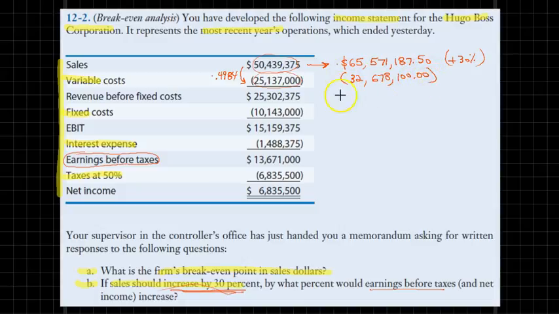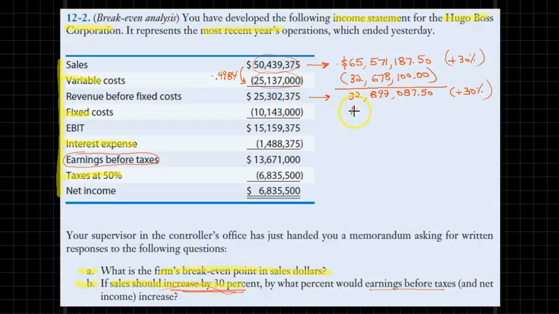So looking at the difference here, we get the figure $32,893,087.50. And guess what? The increase in revenue before fixed costs is still 30%.